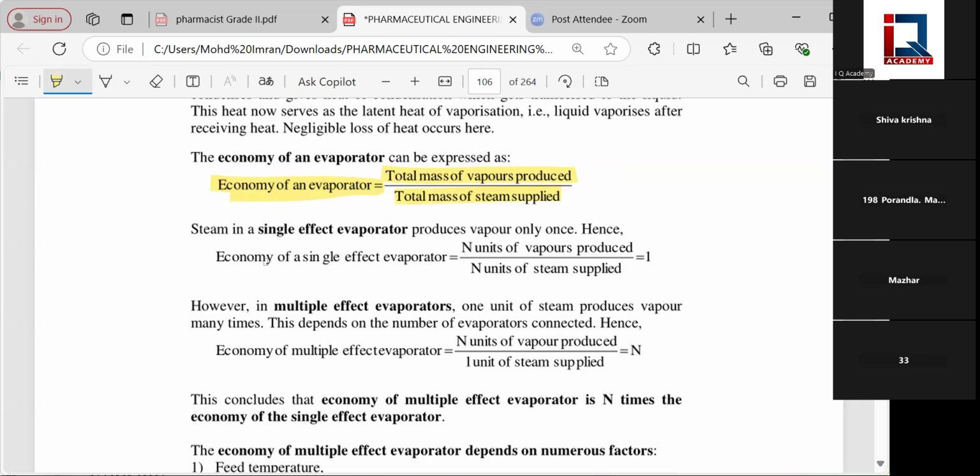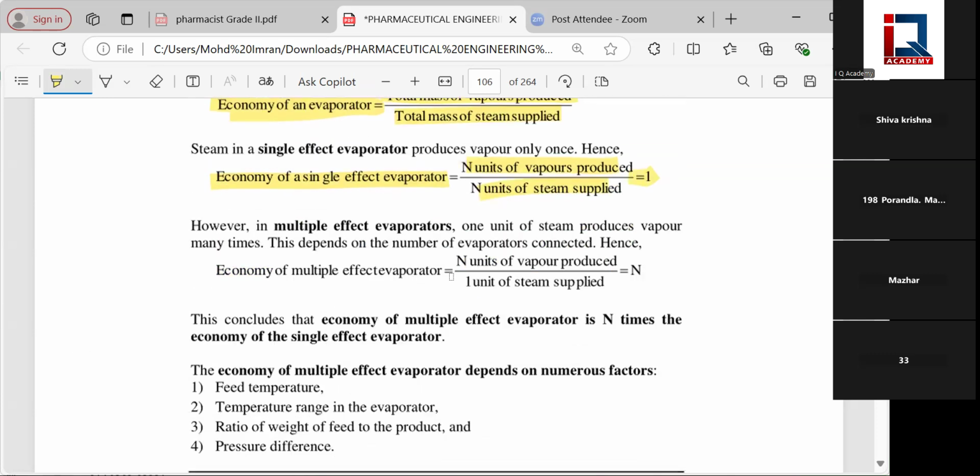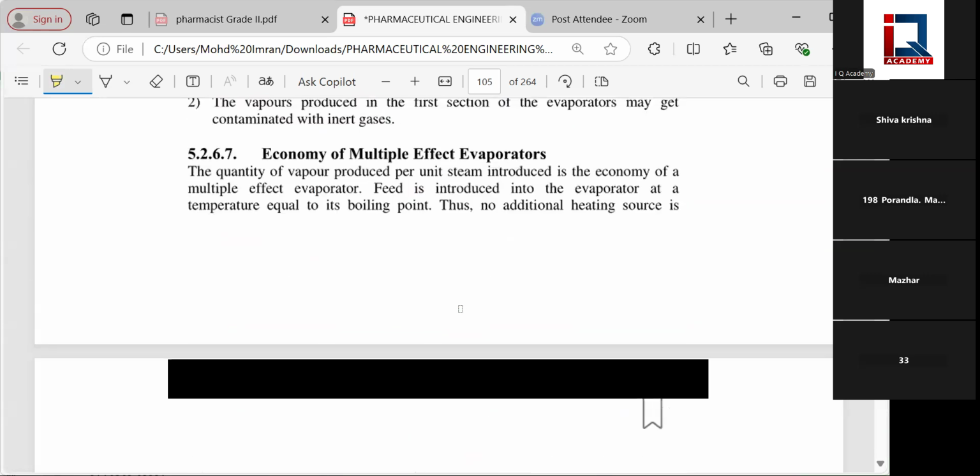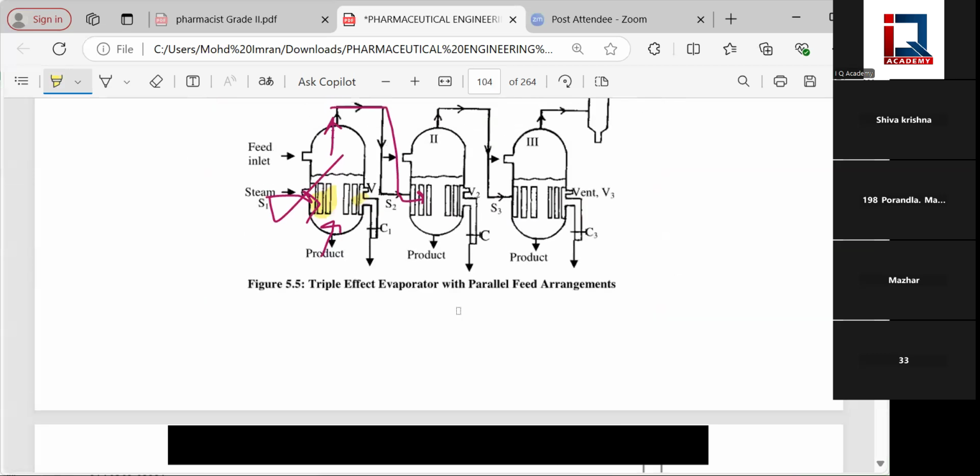Single effect evaporator unte economy of single effect evaporator, n units of vapor produced by n units of steam supplied is equal to 1. Multiple effect evaporator unte n units of vapor produced by 1 unit of steam supplied. Ante kadandi, steam supplied is only for 1 unit, this first one.